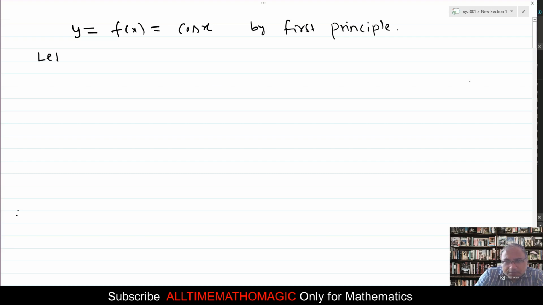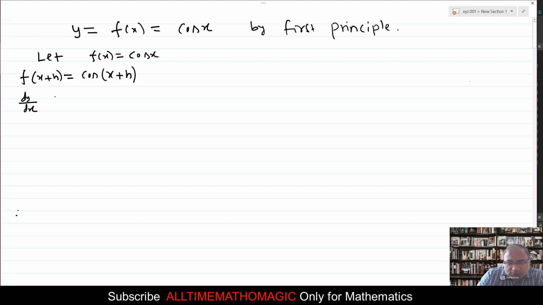So let f of x equals cos x. f of x plus h equals cos of x plus h.